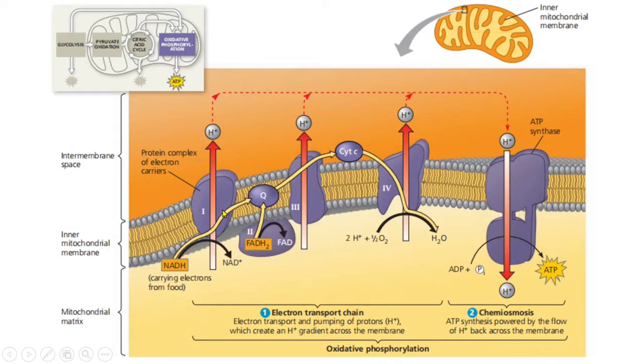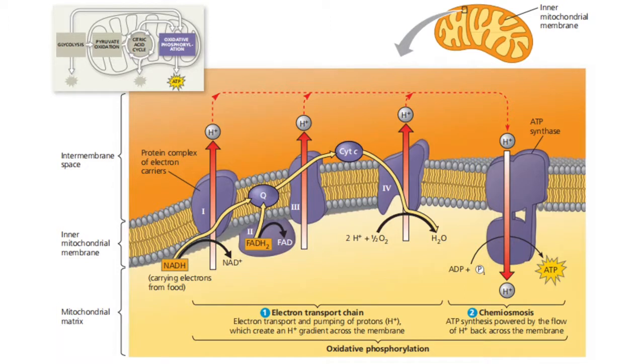So what happens here? Since the electrons, as they go through the ETC, will cause the hydrogen ions to go from here towards the inner space, there will be an accumulation of a greater number of hydrogen ions here and lesser amount here. This causes a gradient.